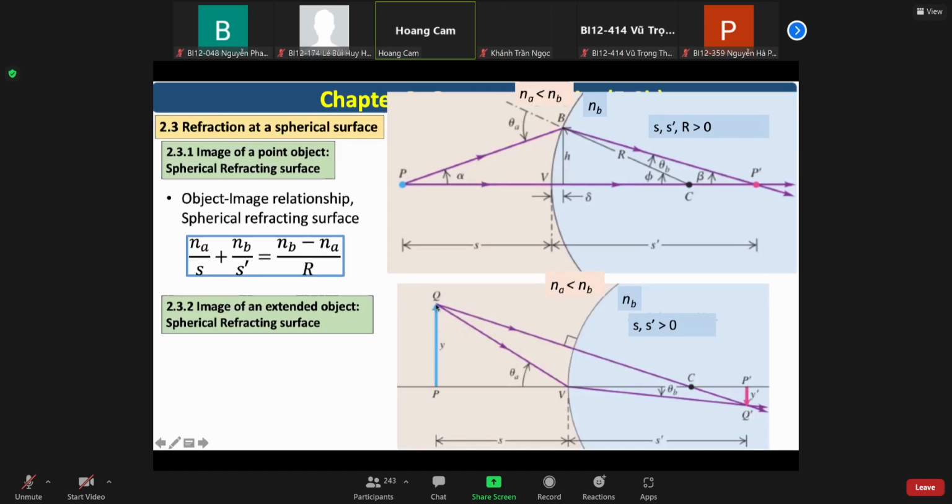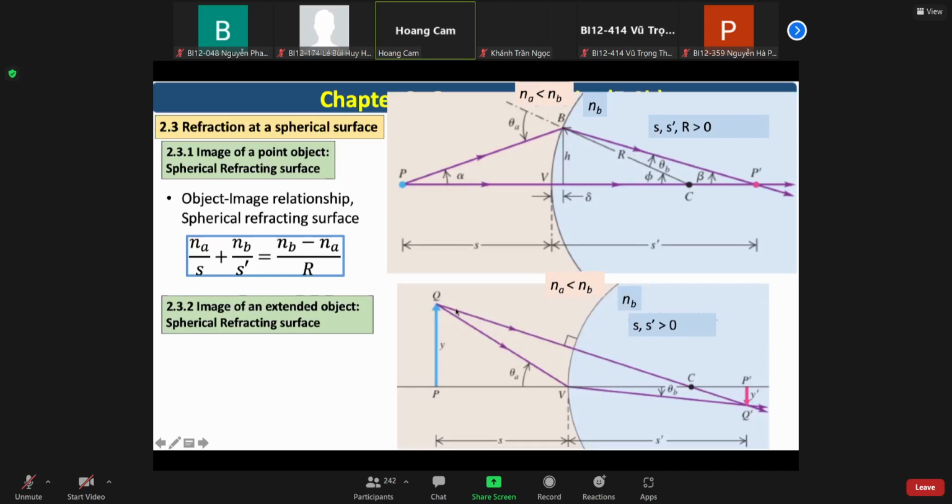The head point Q. And in order to find the image, we draw the incident ray at this point V, the vertex point. And then because NA is smaller than NB, the angle of refraction is smaller than the angle of incidence. So the light will be bent in this manner. So you get the refracted ray here.